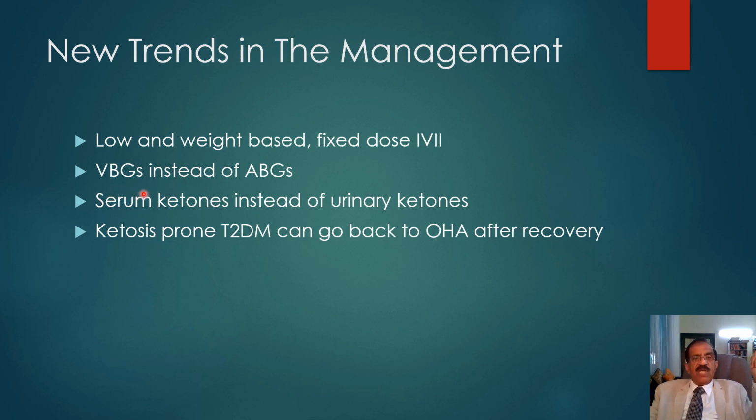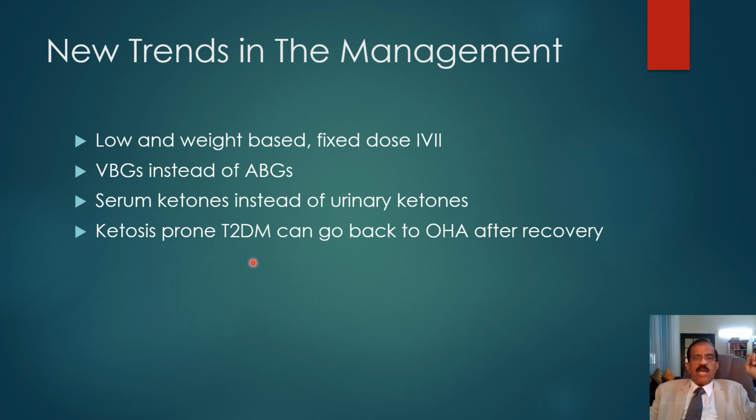And as we are interested in pH, and the pH of venous blood is not much different from arterial blood, venous blood sampling should be adopted. Serum ketone instead of urinary ketones, because now we have serum ketone tests available and it is better. We should switch over from urine ketones to serum ketones.